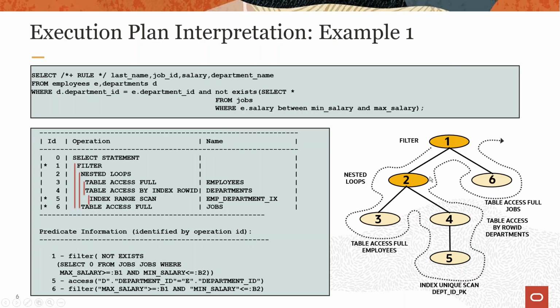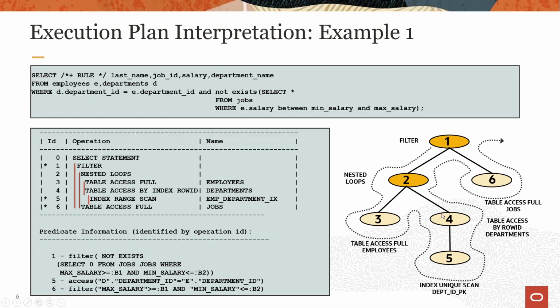Then you look at which steps are indented underneath step number 2, and if I'm looking at my execution plan, that is step number 3 and 4. Then you have a look which steps are indented underneath step number 6. There are no steps. Then you're going to have a look which steps are indented underneath step number 3. None.